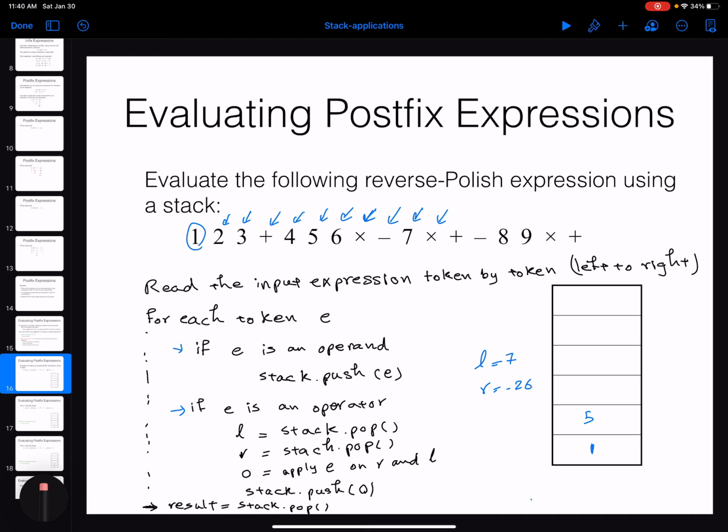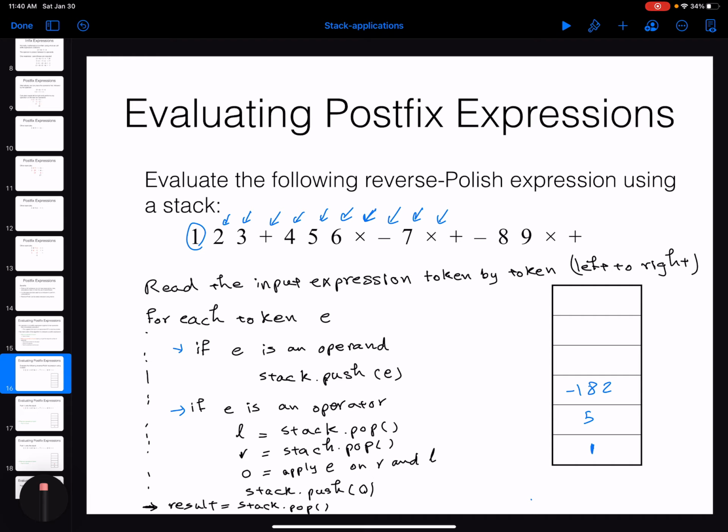I guess it should be, okay, 183, something like this. Multiply 26 by 7. Yeah, I guess that's going to be 182. Okay, it will be pushed to the stack, and then you continue.